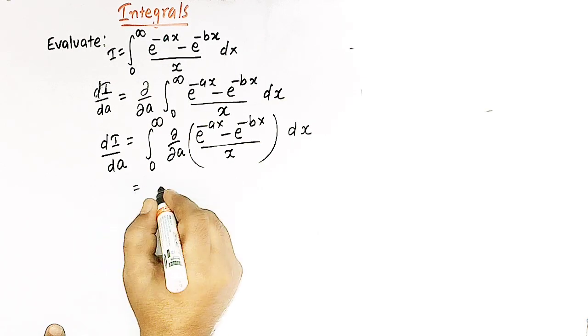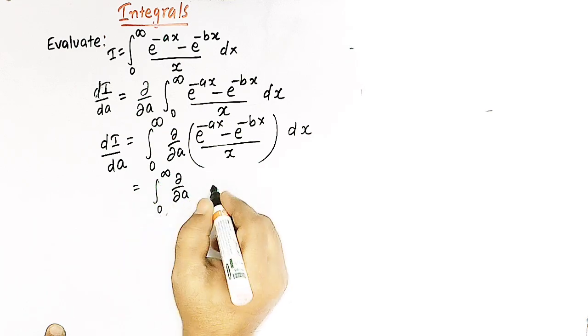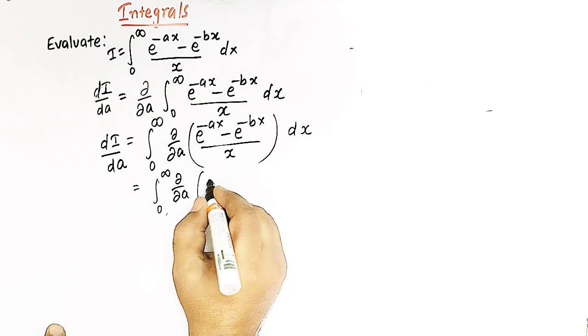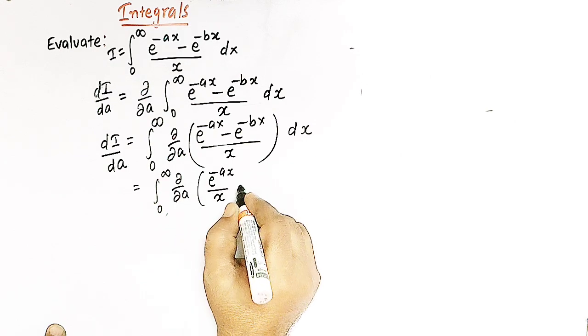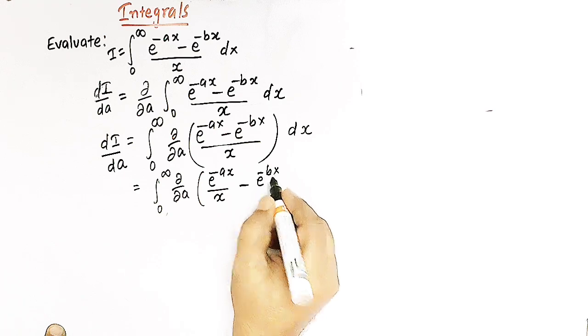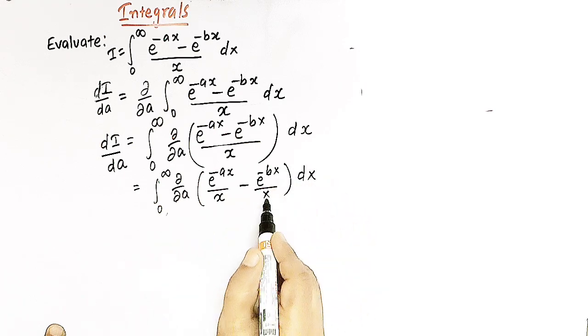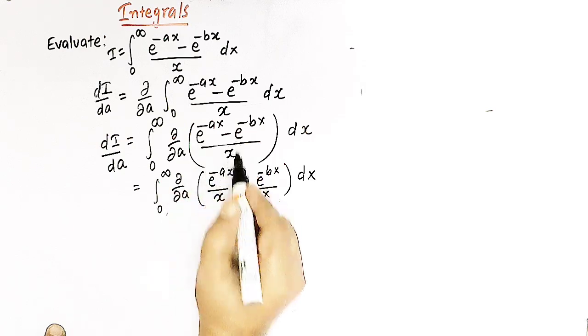So now let us write the integral from 0 to infinity of del over del a, and let us write our integrand like this: e raised to minus ax over x minus e raised to minus bx over x, dx, distributing this x over this term and this term.